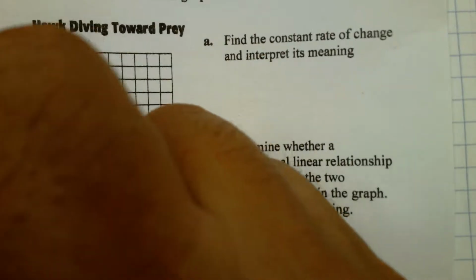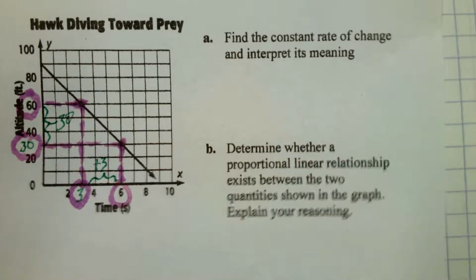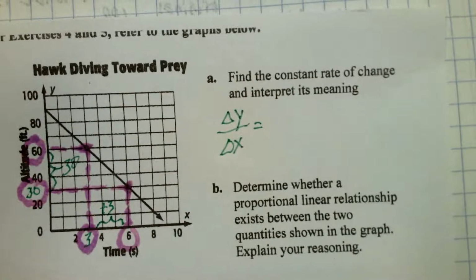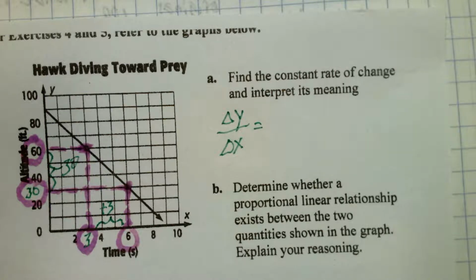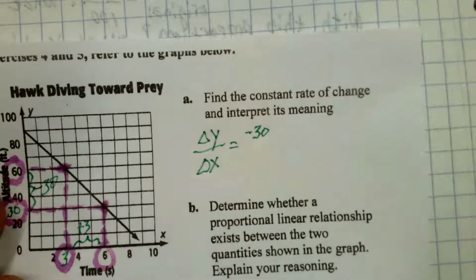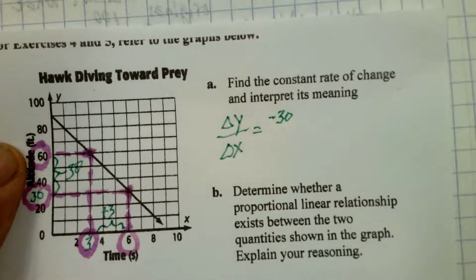Plus 3. Okay. So now what we're going to do is we're going to find our change in y over our change in x. And we're going to add the units to our answer, okay? So our change in y, we said, was minus 30. And what are the units we're using to measure there?